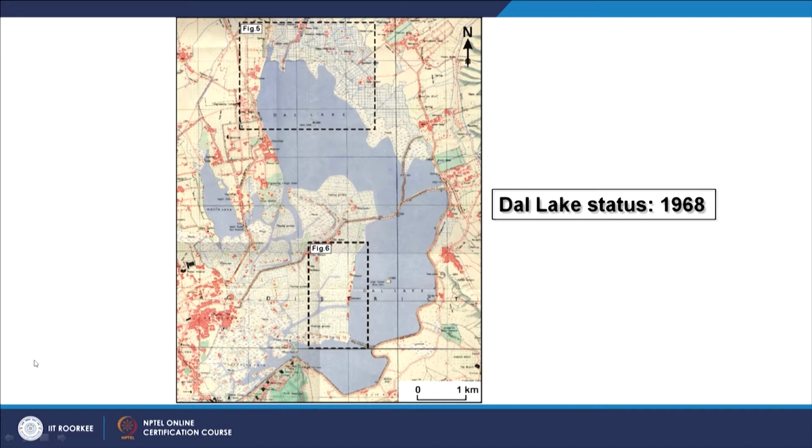Now, the challenge was that we wanted a very authentic record of the shape of that lake through some reliable maps, and luckily we got a map of 1968 of Survey of India, which we still feel their products are really very accurate and genuine. So, taking 1968 as a base year, we wanted to create a change map showing today's condition and what it was in 1968.